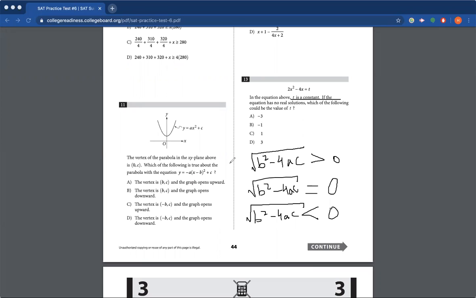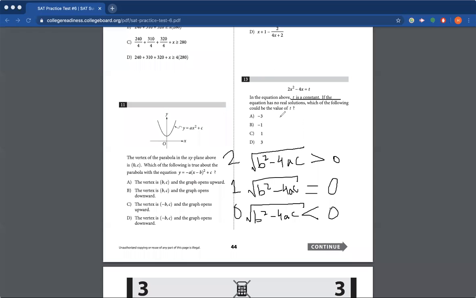That's the b squared minus 4ac. Now, this is going to give you two solutions. This is going to give you one solution. This is going to give you zero real solutions. So two real solutions, one real solution, zero real solutions.